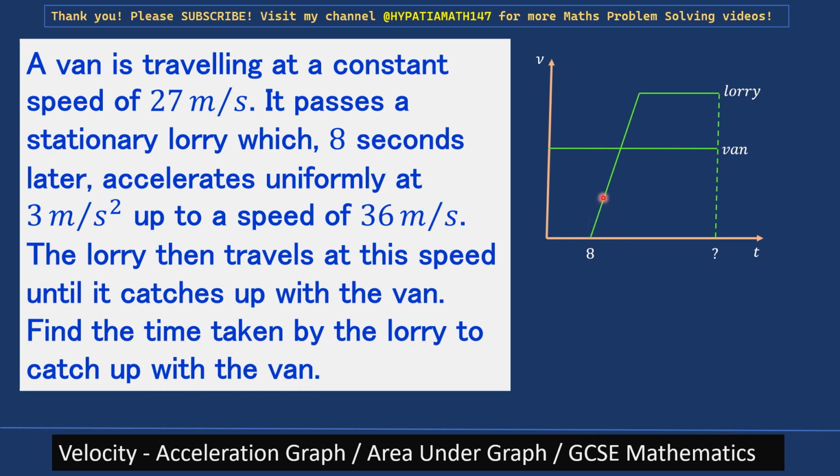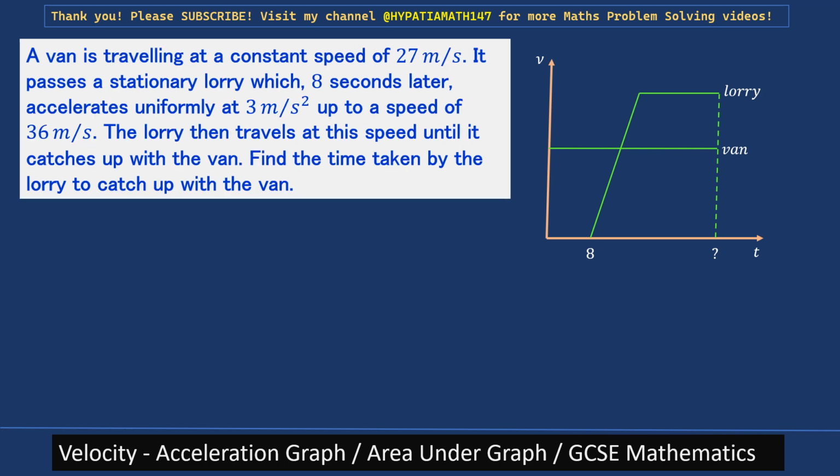So this is the path of the lorry and this is the path of the van traveling at a constant speed. The lorry is accelerating and then travels at a constant speed and then catches up with the van. So you see, the distance traveled by the lorry and the van would be the same.